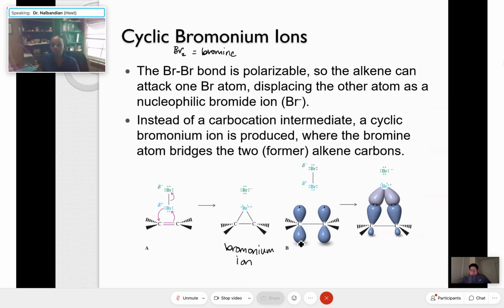So you can see the course of the reaction here. Remember, we have this pi bond where we're sharing electron density, this p orbital on each of these carbons. So we have a pi bond, and we take those electrons and we use them to form new sigma bonds.